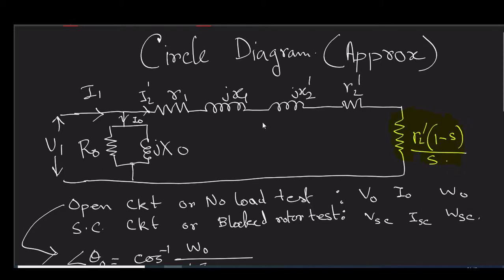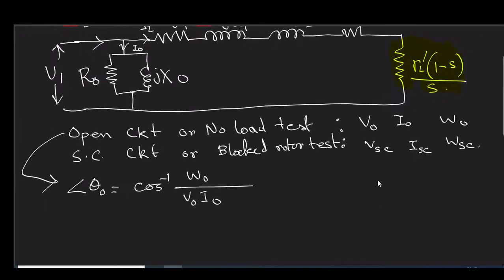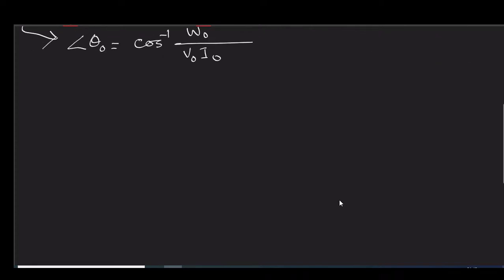Here, it is apt to consider V naught as our reference voltage, because V naught is the normal line or phase voltage, whatever you want to consider, which is totally known and constant. But instead of placing it as a horizontal line, let us place it as a vertical line. This is our V naught.